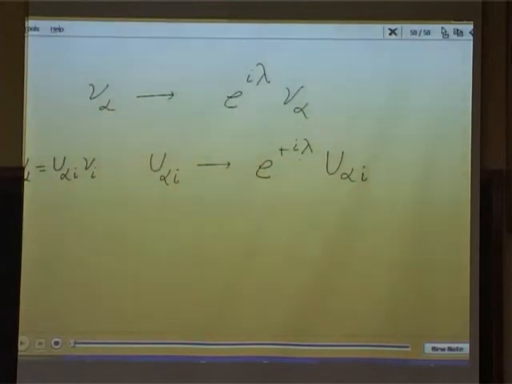But now, look at what happens to U star alpha j. Since it is a complex conjugate, it will become e to the power minus i lambda times U star alpha j.